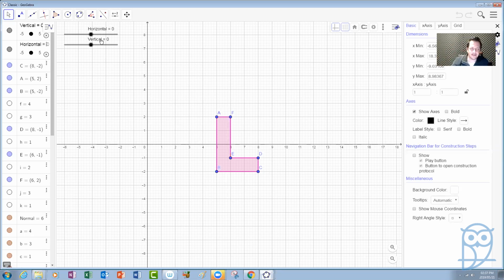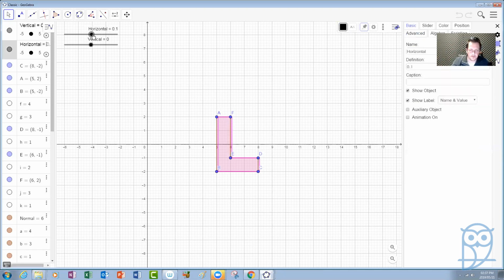So we can either move it horizontally, and I've left the brown shape there as a reference from where it starts. So either to the right or to the left. Or you can move it vertically. So notice it's the exact same shape.